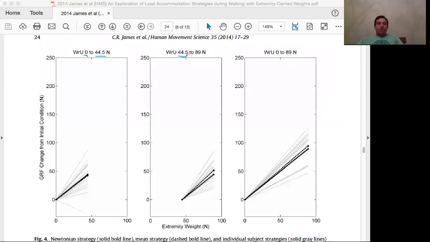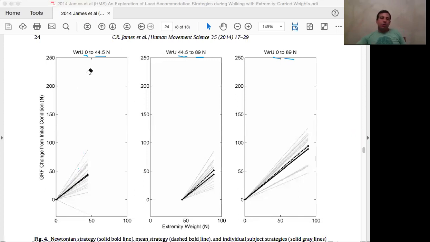This is, they were at for the 44.5, and then they added the 89. And this is 0 to 89. And what you have here is all of these gray ones are individual people, trials. And then you have a mean and standard deviation, or the Newtonian strategy line that is seen from this concept, right?